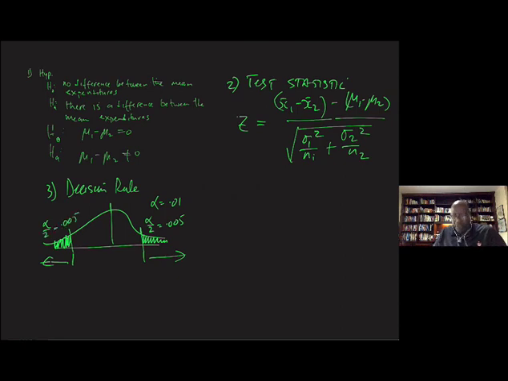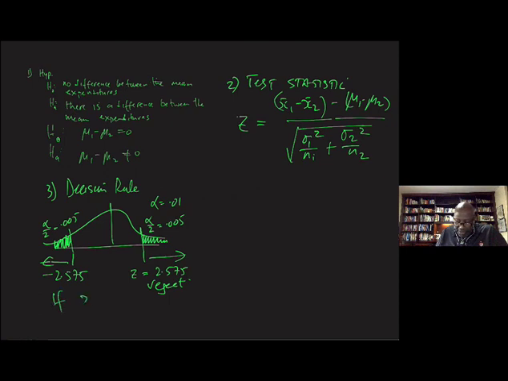We have to split it between the two, and that makes our z value 2.575. That's our critical value, negative 2.575. So reject the null hypothesis if we're in this region, and also down here.